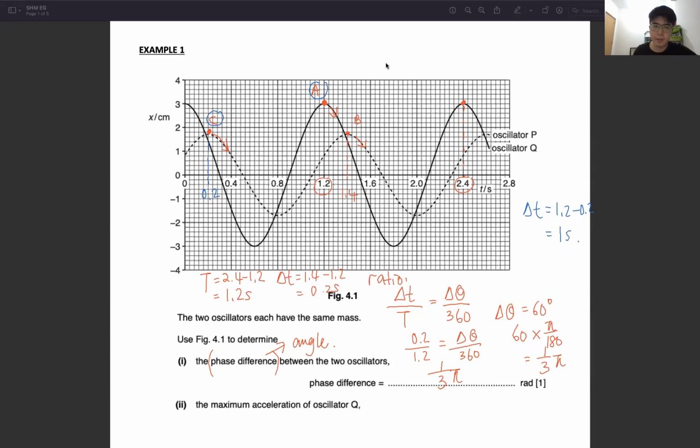So I'm going to write it. Change in time over period equals change in angle over 360. Okay, so 1 second over 1.2 equals change in angle over 360. So we find that this angle is 300 degrees. This is also an answer.